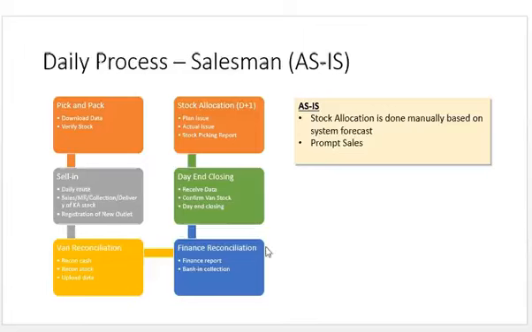Once that is done, the finance gives an okay to the admin. The admin then proceeds to do the day end closing. And up to this point, the activity for that day is considered closed.